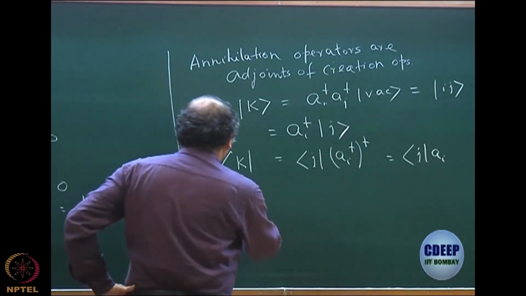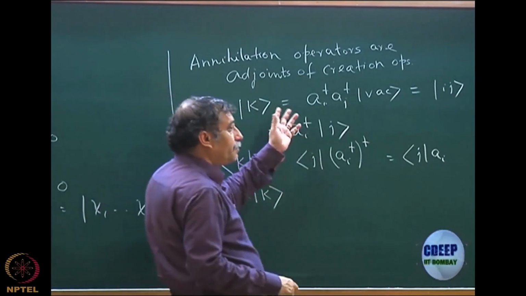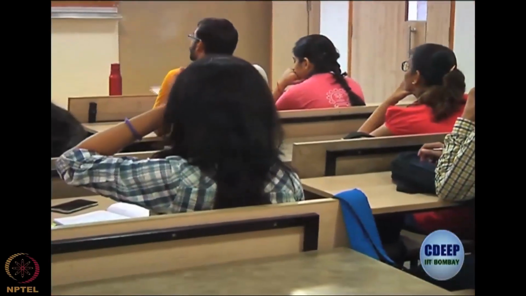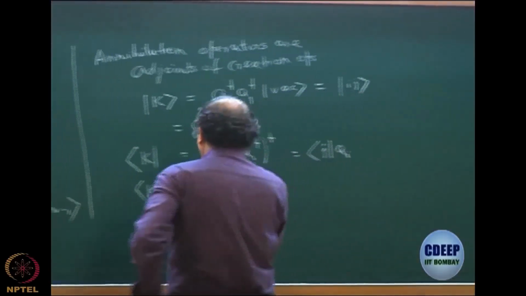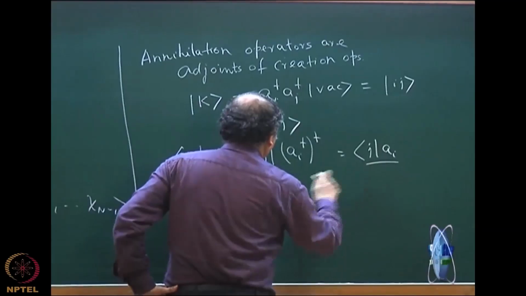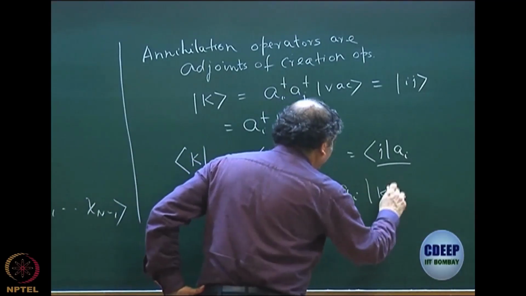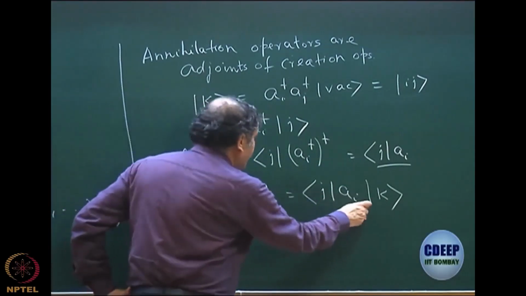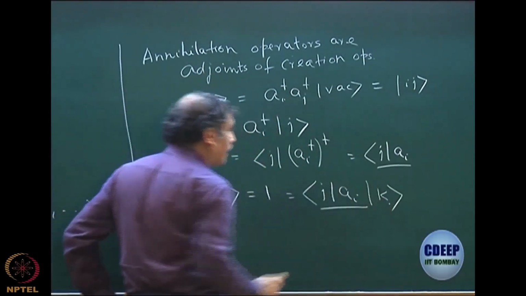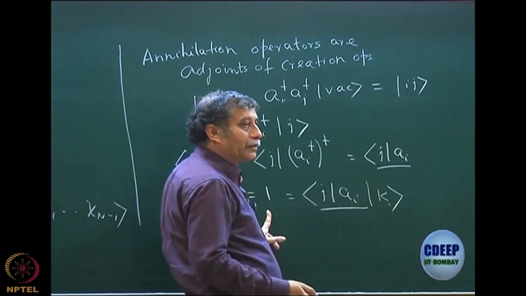Then we do the normalization of Kk. What is the value of Kk? Because K is a 2 electron determinant, Kk is 1, right. Because all these determinants are normalized, they are all orthonormal orbitals. So, Kk is 1. I write for the conjugate K this J AI, and on the right side I simply write K. Now I am going to interpret J AI K is equal to 1.